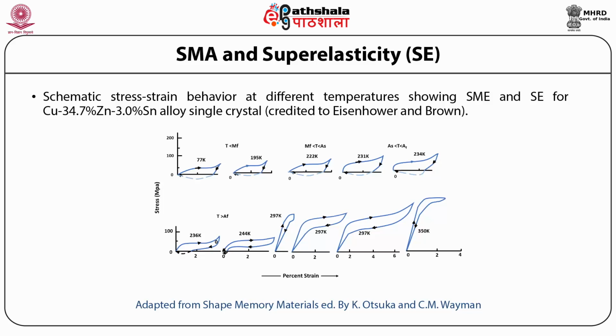However, when the sample was heated above the temperature AF, the total strain was recovered. This behavior leads to the shape memory effect. On the other hand, when the samples were tested above AF, that is, when the microstructure was completely parent phase, one observed almost complete recovery of strain.